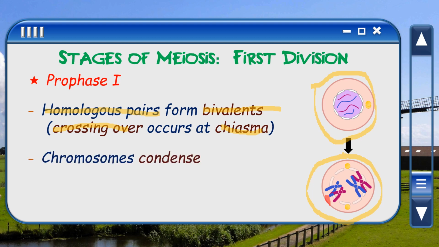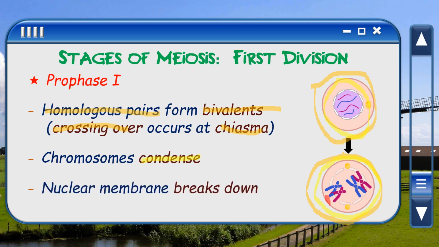Now, the chromosomes condense. When they were in interphase, they were thread-like structures, very small and thin. But when you come to prophase here, they have condensed. They have become shorter and thicker. That is what we are saying, that the chromosomes condense.